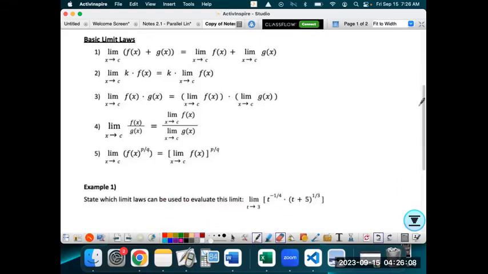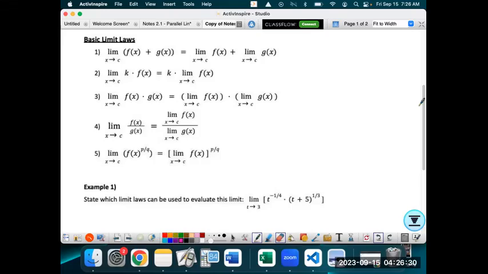Moving on. All right, so next one, if we are multiplying two functions inside of a limit, I can multiply their limits individually together. Then we have our quotient. If we are taking the limit of two functions being divided, I can divide the limits of those functions individually. But there's a caveat to this.